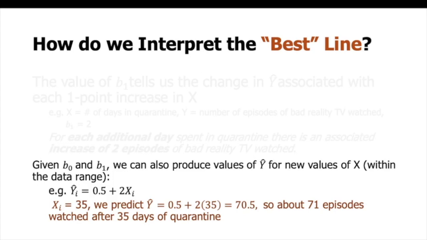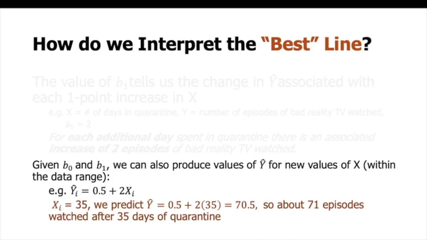For example, for this quarantine example, if in our sample we have people that are in quarantine from 10 to 30 days, we don't want to predict what would happen to somebody on day 31 or 40 or 50 because we don't have information about that. That's called extrapolating. It's a dangerous game. Sometimes it's necessary, but often it's just going to show that you don't know what is actually going to happen.